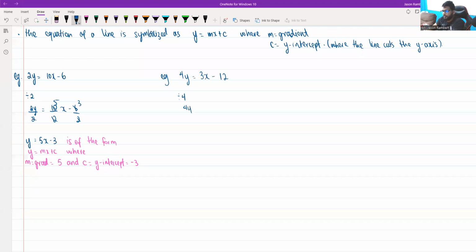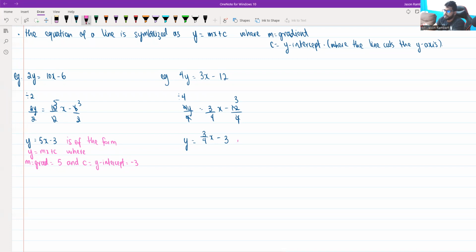I get 4y over 4 is 3 over 4x minus 12 over 4. The 4s cancel on the left. Nothing could cancel for my x term. And 12 over 4 gives 3. So I get y is equal to 3 over 4x minus 3. Agreed?